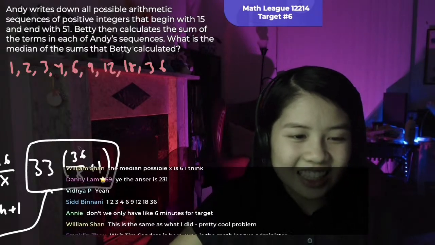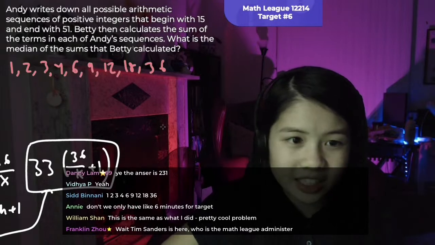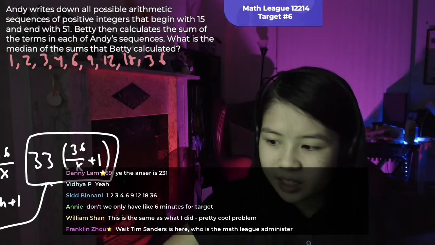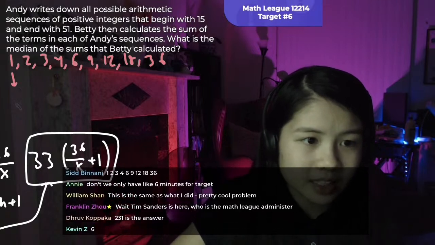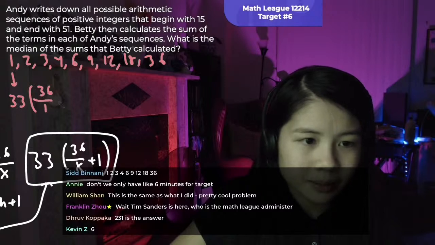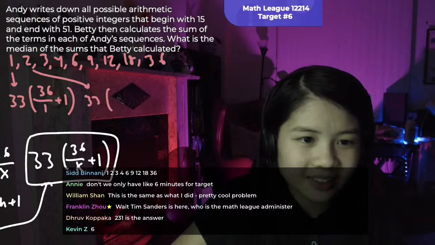So anyway, looking at all the expressions here, I'll scroll up so that you can see that. The 1 gives us 33 times 36 divided by 1 plus 1. The 2 gives us 33 times 36 divided by 2 plus 1.